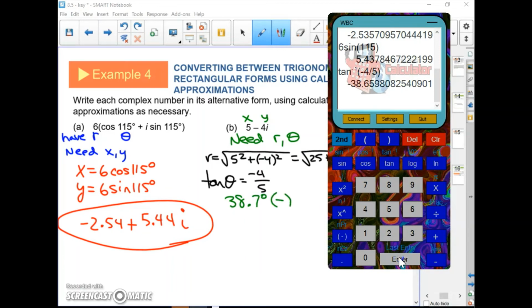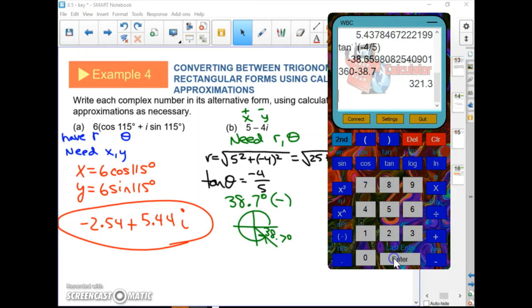Well, let's think about where we are. We can tell specifically if x is positive and y is negative, what quadrant does that put me in? X is positive, y is negative, puts me in the 4th quadrant. So I've got a 38.7 degree reference in the 4th quadrant. So that means theta is 321.3.